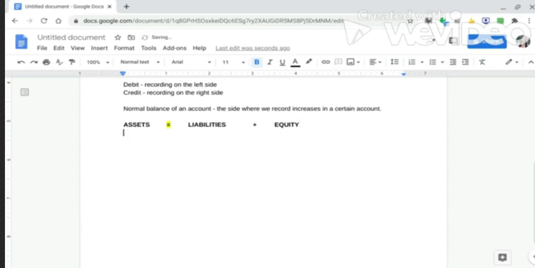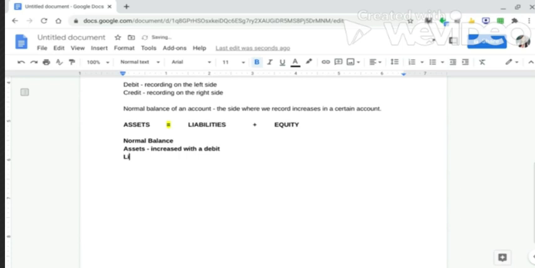So, that means assets, in terms of normal balance, lahat ng asset accounts, since ang asset is nasa left side ng equation, are increased with a debit. Okay?